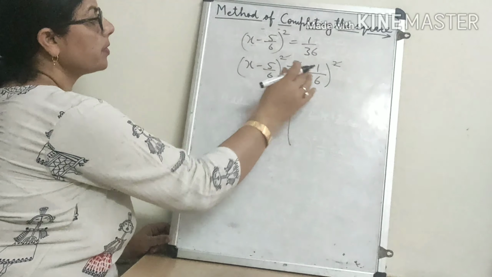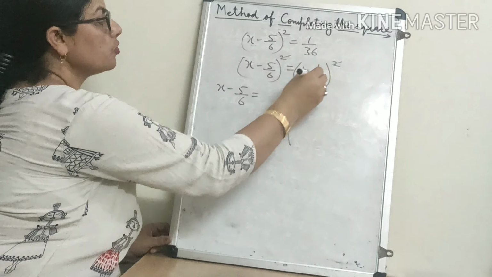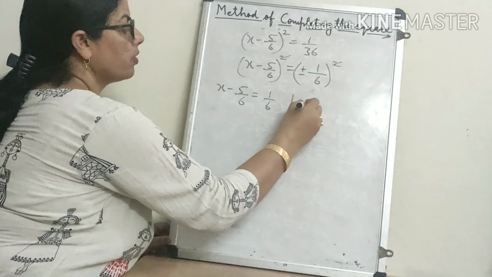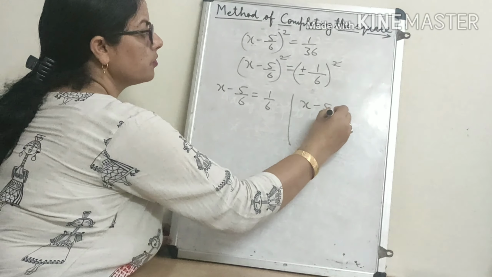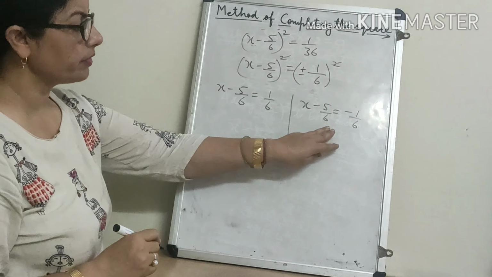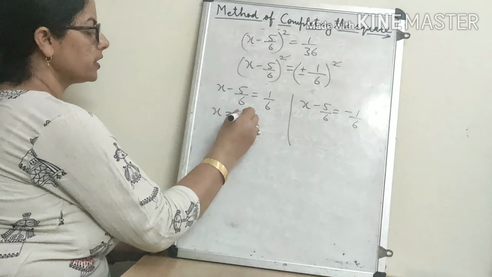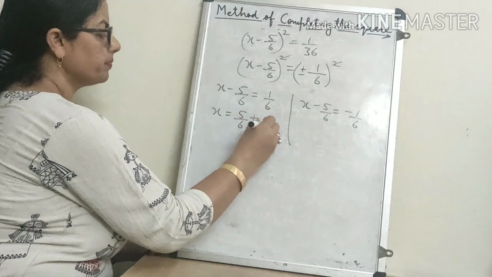Now two possibilities are there. Either x minus 5 by 6 is equal to positive 1 by 6 or x minus 5 by 6 is equal to negative 1 by 6. One root we will get from here, one root we will get from here. Minus 5 by 6 we will shift that side. It will become positive.